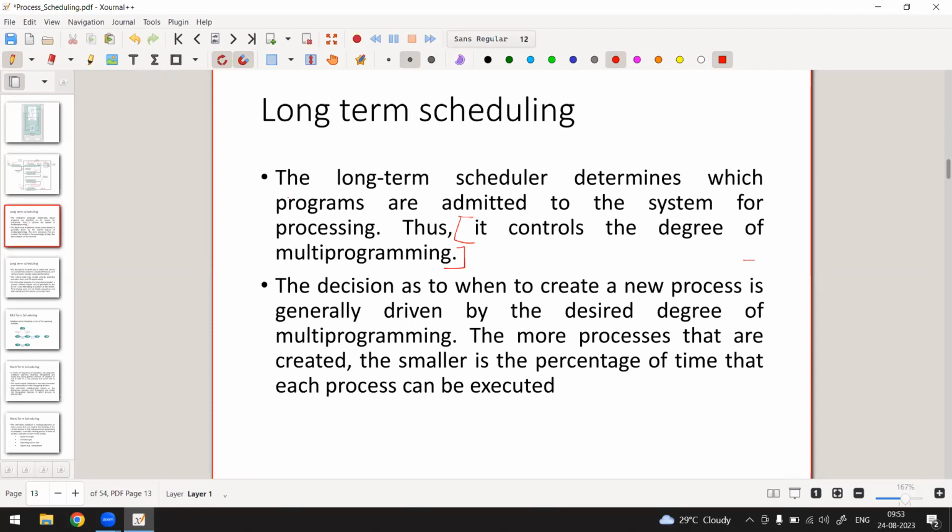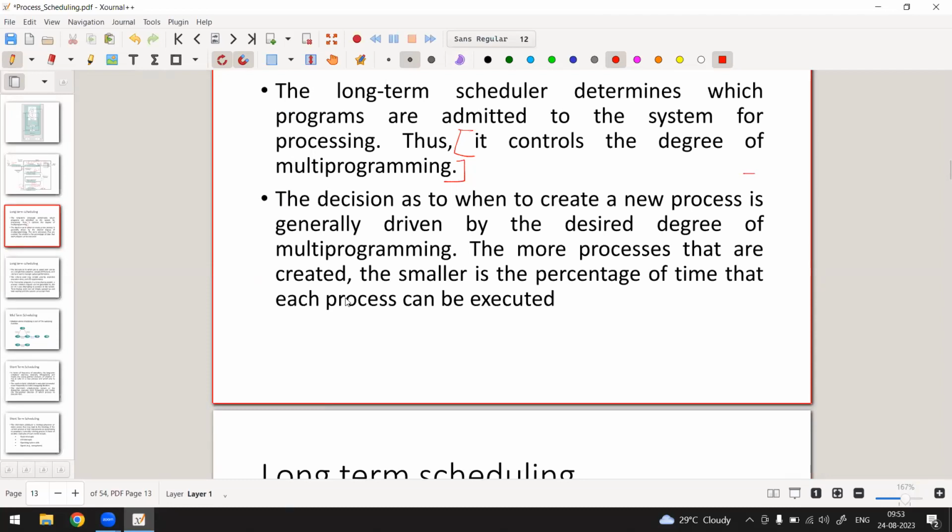So that is determined by the long-term scheduler: how many processes will be active in a certain time period. That kind of information is maintained by the long-term scheduler, and that's why it is said that the long-term scheduler controls the degree of multi-programming.